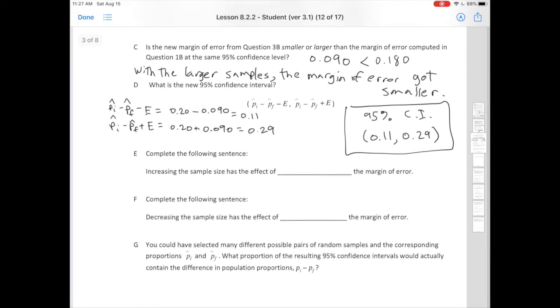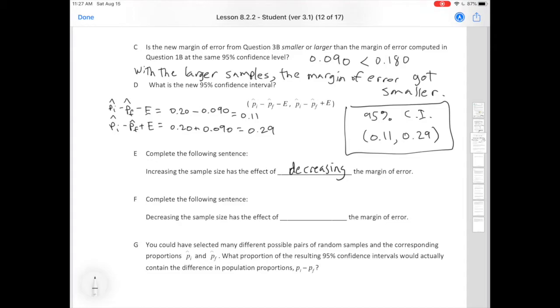So let's complete the following sentence. Increasing the sample size has the effect of shrinking, or reducing, or decreasing the margin of error. So when you make the sample size bigger, you decrease the margin of error. Notice that this is a good thing, right? Because we didn't change the confidence at all. We're talking about having the same confidence. So complete the following sentence.